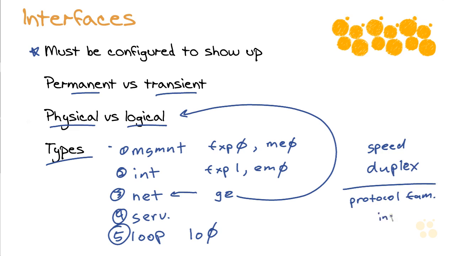So you might say inet for a layer 3 interface, that's the protocol family, and then you would give an IP address as part of the logical configuration of that particular interface. If we're dealing with an ethernet-switching interface, a layer 2 interface on your Juniper device, then the logical properties you would give would be something like a VLAN that is assigned to that particular interface.